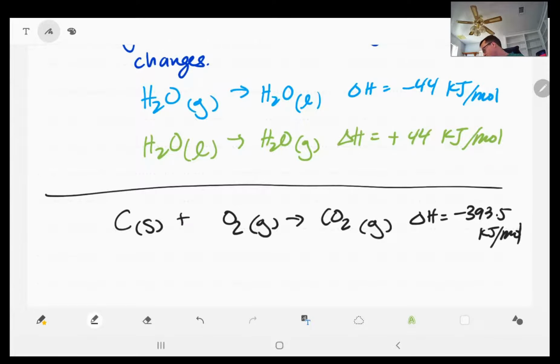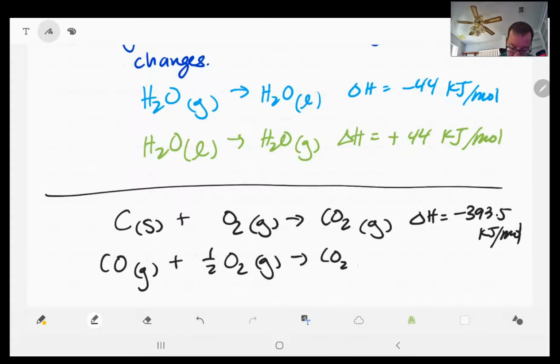And another reaction is if we have carbon monoxide. Oops, it's totally not that. We can also make carbon dioxide, right? So this is an interesting problem to look at. I'm just writing the numbers out first, and I'll explain the problem in a second. -283.0.